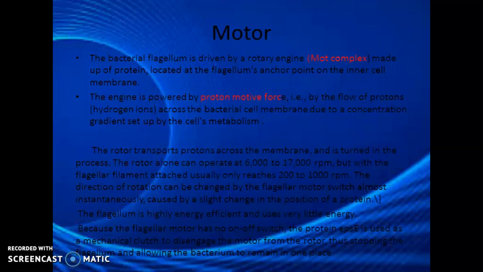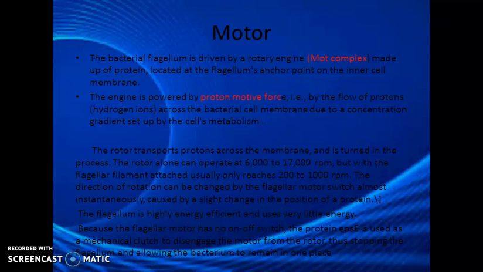Next is the motor part. The bacterial flagellum is driven by a rotary engine called the Mot complex, which is made up of proteins located at the flagellum's anchor point within the inner cell membrane. This rotary engine is powered by the proton motive force, that is the flow of protons, which are nothing but hydrogen ions.